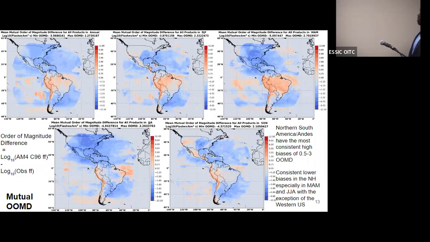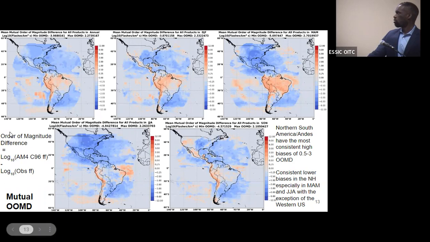Another way to look at the biases is to take the base 10 log of the biases. I'm calling that here the order of magnitude difference.